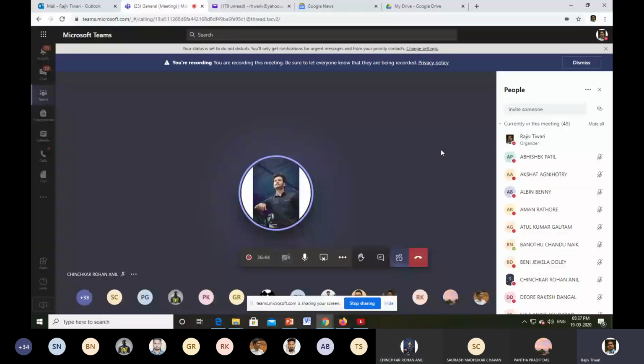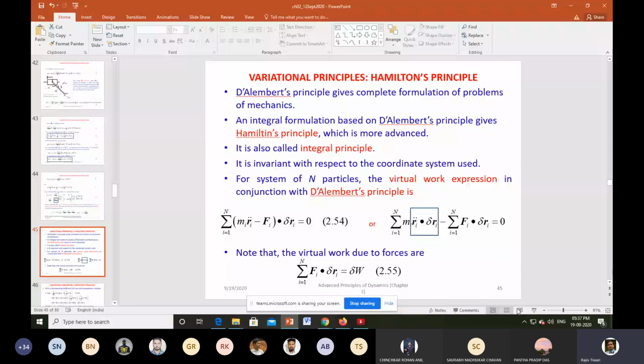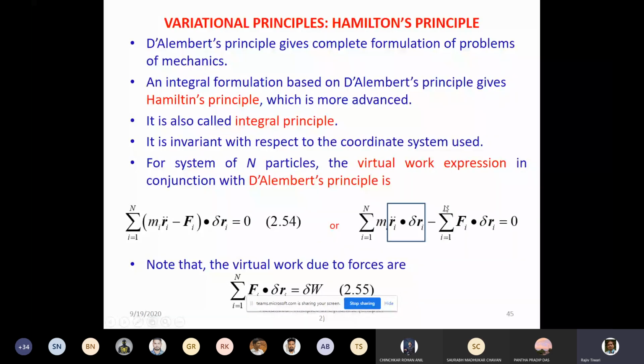Okay. So you can see the slide, I hope. So this is the variational principle or Hamilton's principle. In the previous case, we have seen that using the virtual work principle with D'Alembert's principle, we can formulate the equation of motion. But the only difficulty with that is we need to deal with the force and couple.